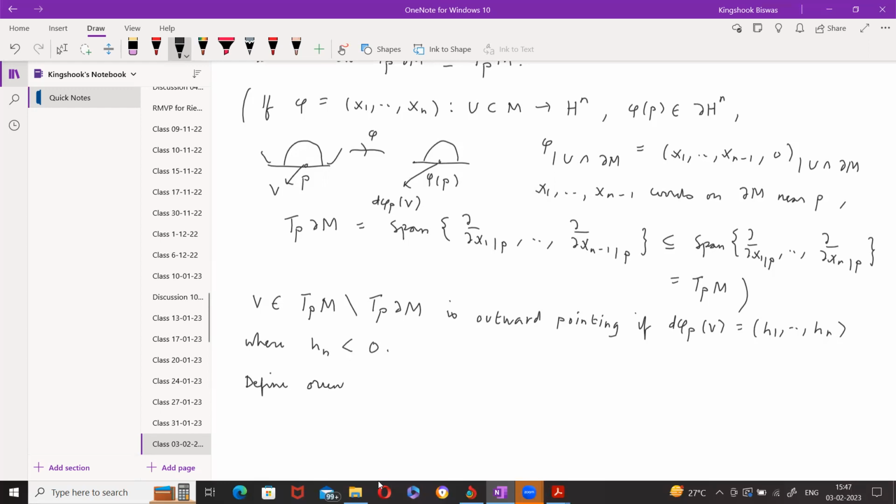We have to define an orientation mu_p tilde on the tangent space to the boundary.